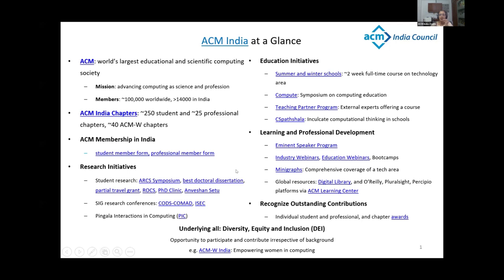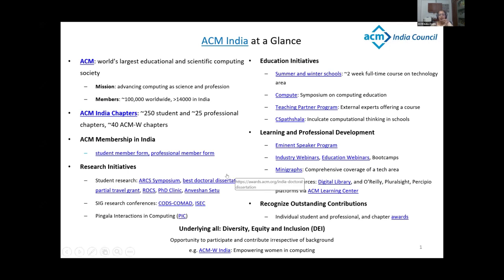And mini graphs give comprehensive coverage of an emerging technological area and are published periodically. You also have resources like the digital library, Pluralsight and Percipio, which are part of the ACM Learning Center. You can access all of them.